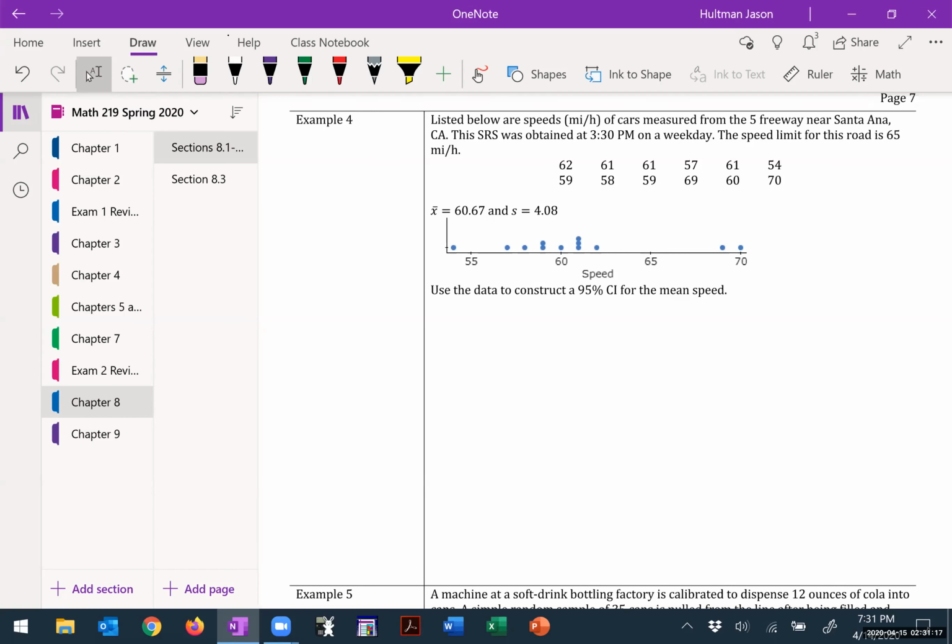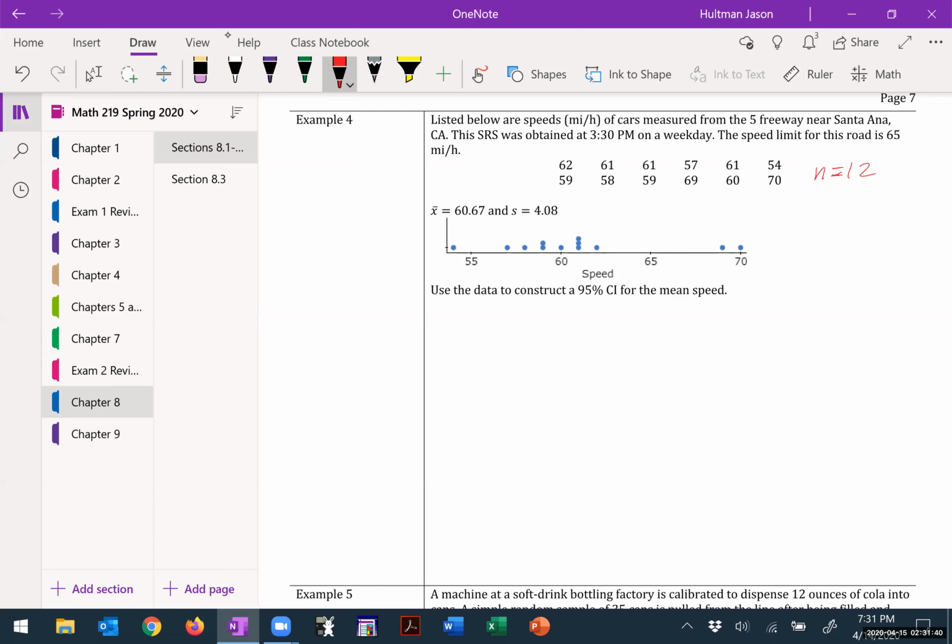This simple random sample was obtained at 3:30 p.m. on a weekday. The speed limit for this road is 65 miles per hour. So how much data do I have? 1, 2, 3, 4, 5, 6, 7, 8, 9, 10, 11, 12. That's n. n equals 12.